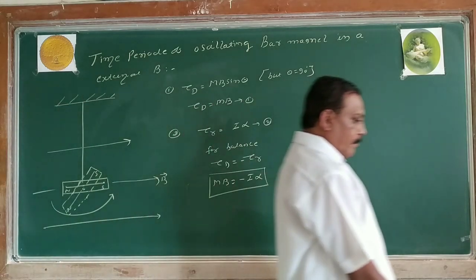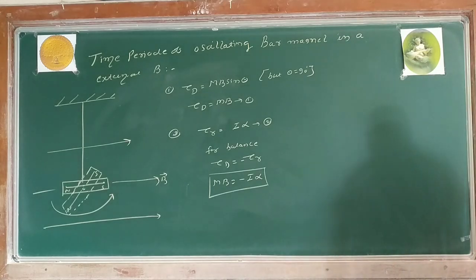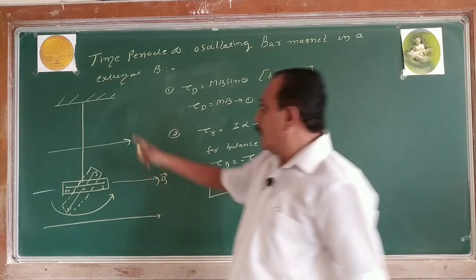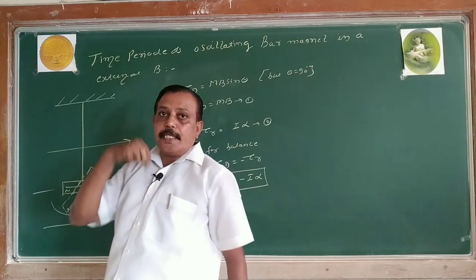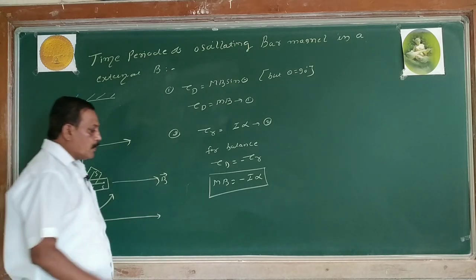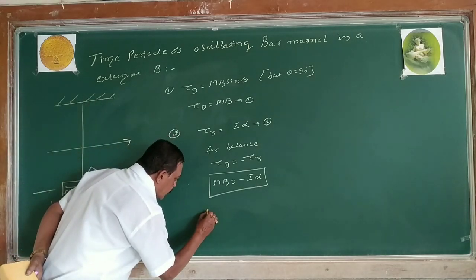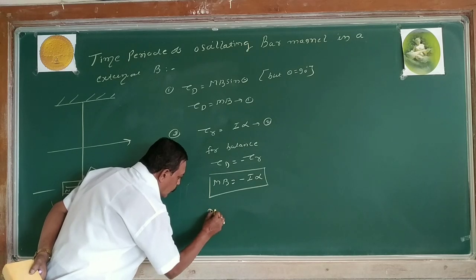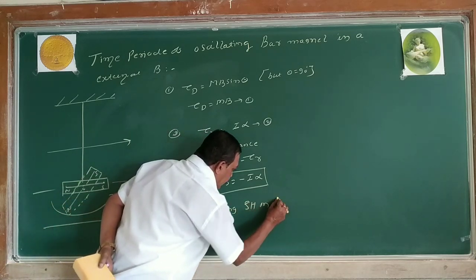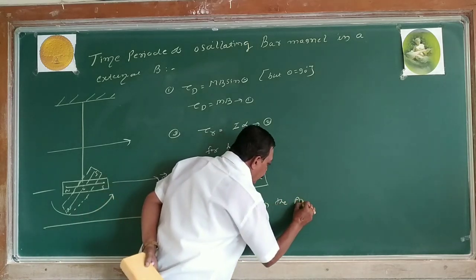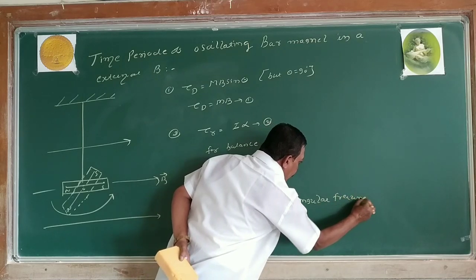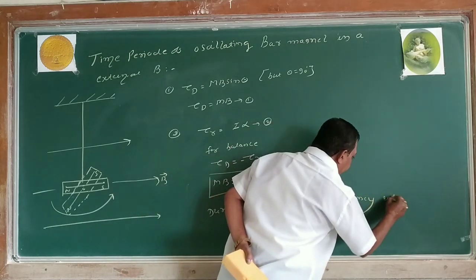Then after this, the bar magnet is rotating again and again from the fixed point. It performs SHM. During SHM, it has an angular frequency omega.